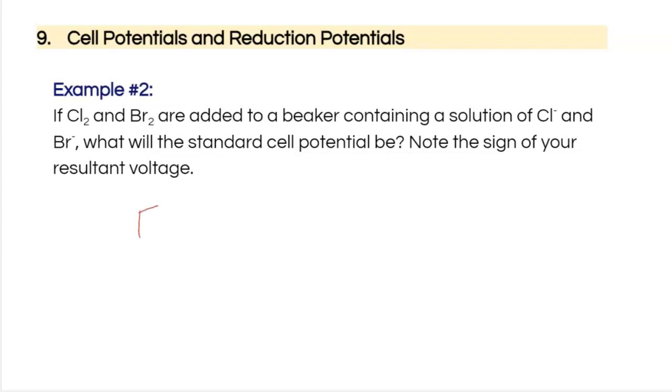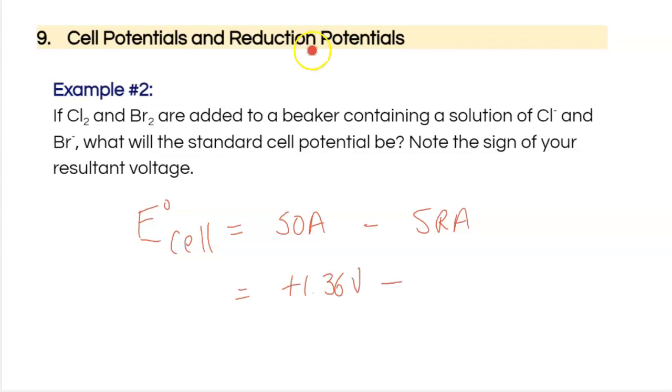Remembering that my standard cell potential is going to be the reduction potential of my SOA minus that of my SRA, I'm going to take my positive 1.36 volts and subtract the positive 0.82 volts, giving me 0.54 volts. So hopefully you notice that that is a positive value.